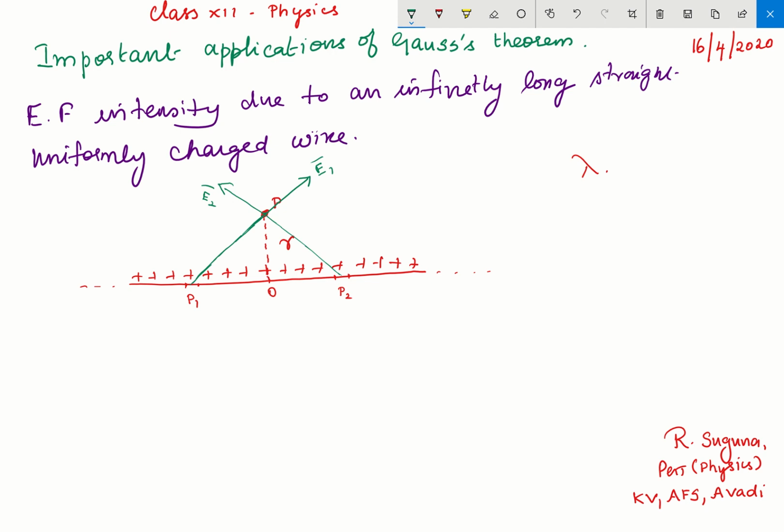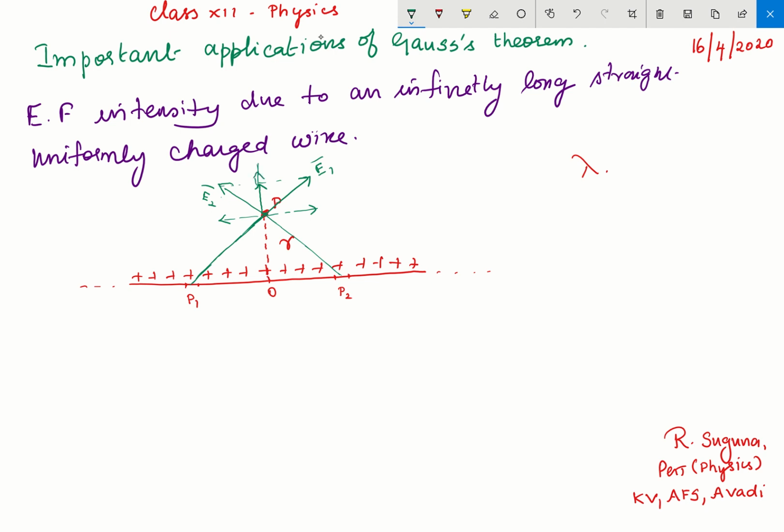Once again, you have to resolve E1 into two components, one in this direction and the other one in this direction. Correct? Like that, you resolve E2 also into two components, one in this direction and the other in this direction.